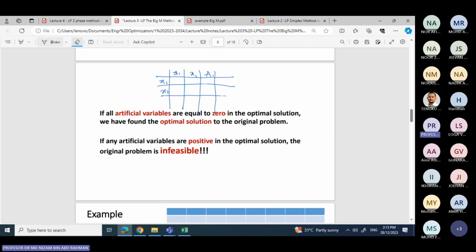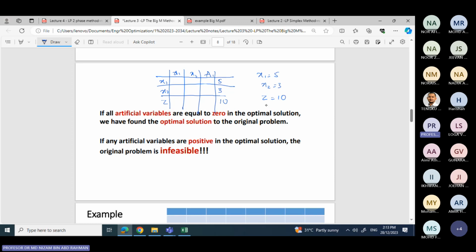And the values here, let's say, are 5 and 3, and this z value, let's say, 10. This is whatever value. So how you interpret this table is that the solution of this problem is x1 equals 5, x2 equals 3, and z equals 10, right?